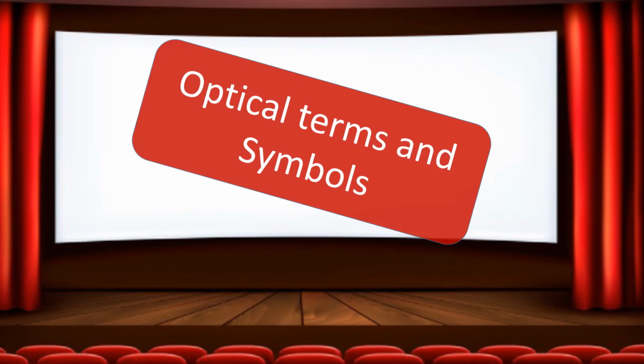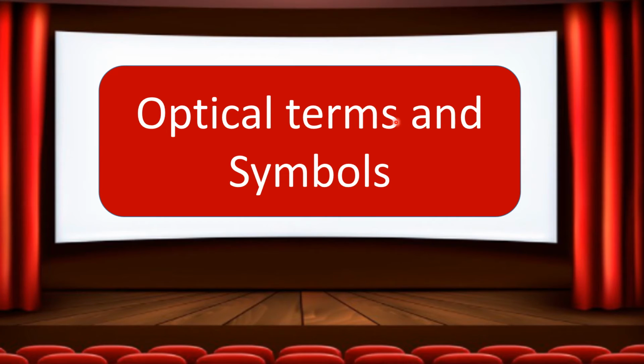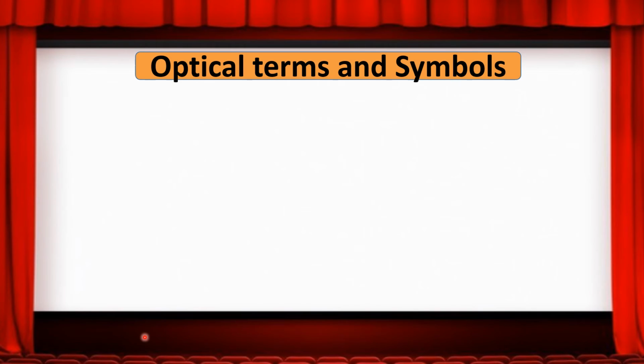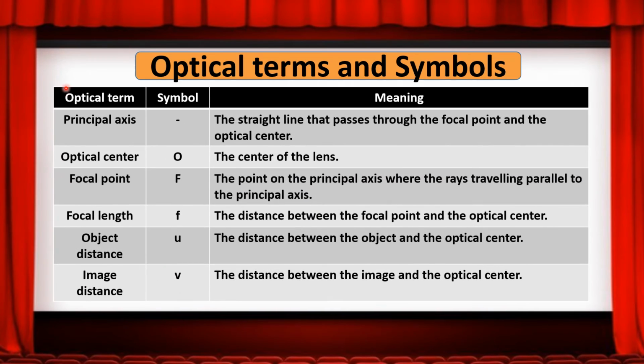At this time, let us discuss the optical terms and symbols. In this column, we have the optical term, then the symbol, and the meaning of each word. First, the principal axis. There is no symbol at all. It is the straight line that passes through the focal point and the optical center.